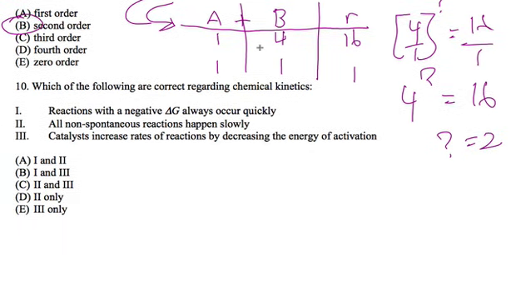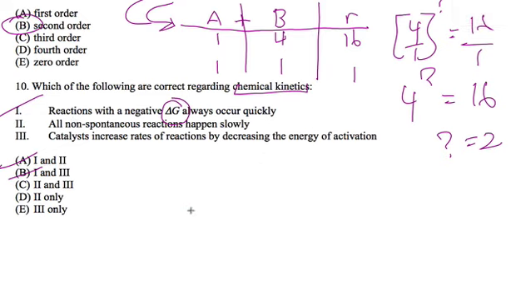Which of the following are correct regarding chemical kinetics? Reactions with a negative delta G always occur quickly. What they're saying here is that reactions that are spontaneous always happen fast, and we know that's not the case. Ice can melt slowly, spontaneously, and quickly, spontaneously. So it can't be 1. All non-spontaneous reactions happen slowly.